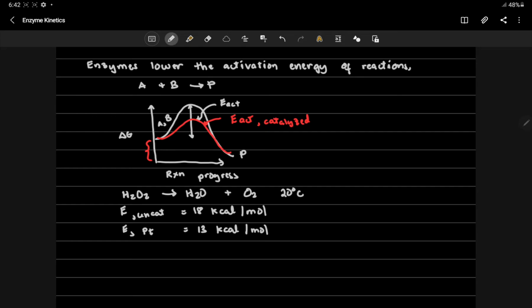And if you're going to use an enzyme to catalyze the reaction instead of a metallic catalyst, the enzyme that we know the value for, okay, is yung catalase. So catalase is an enzyme that will catalyze the breakdown of hydrogen peroxide into water and oxygen. So alam natin yung value niya, that's equal to 7 kilocalories per mole.